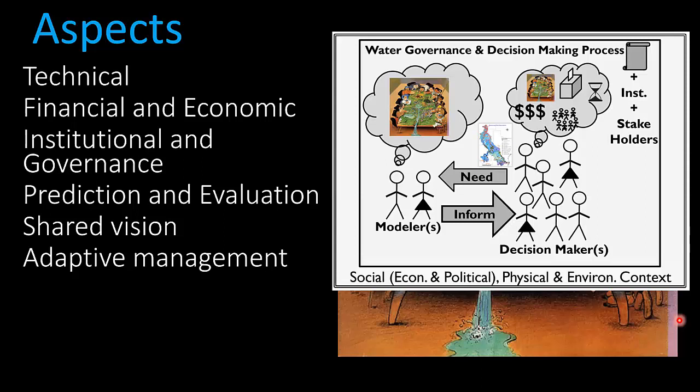Adaptive management, that's another unicorn. The idea that we're going to make these plans, set these measures, and then after 5 years reevaluate and so on. Well, I think that's very romantic.